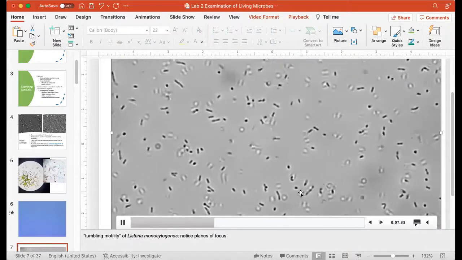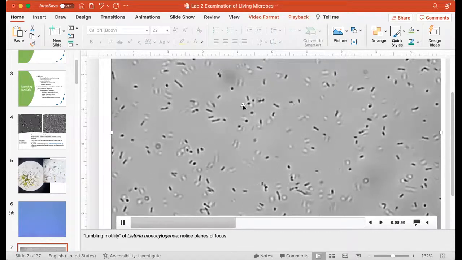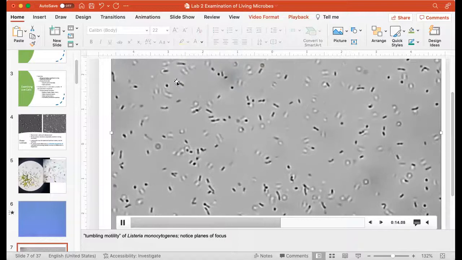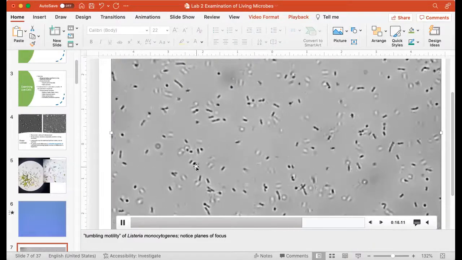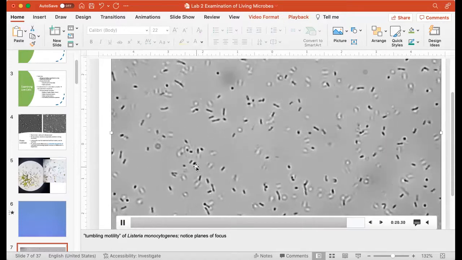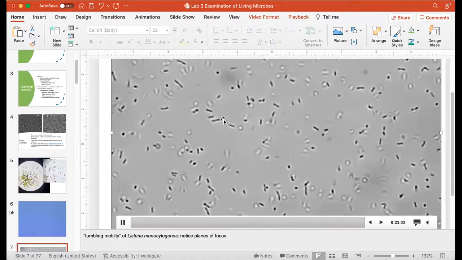Here's a chain right here. A lot of bacteria prefer to live in groups. They take on certain formations out in the real world. Some bacteria like to stay as individual cells, but other ones will group together. And Listeria likes to form chains.